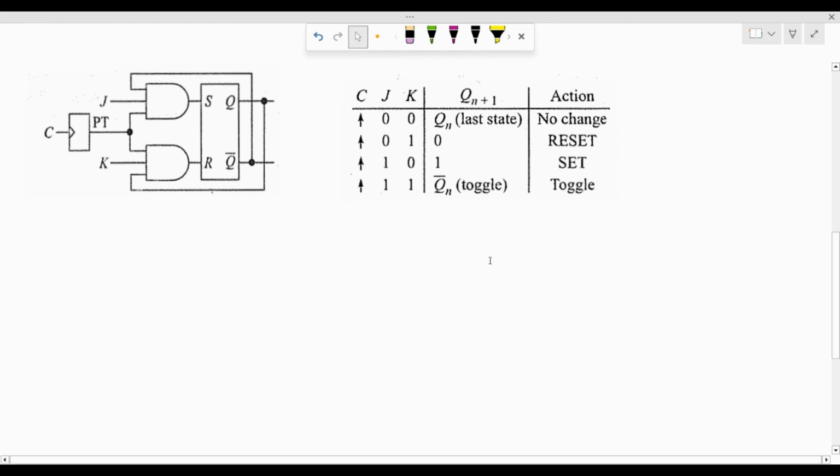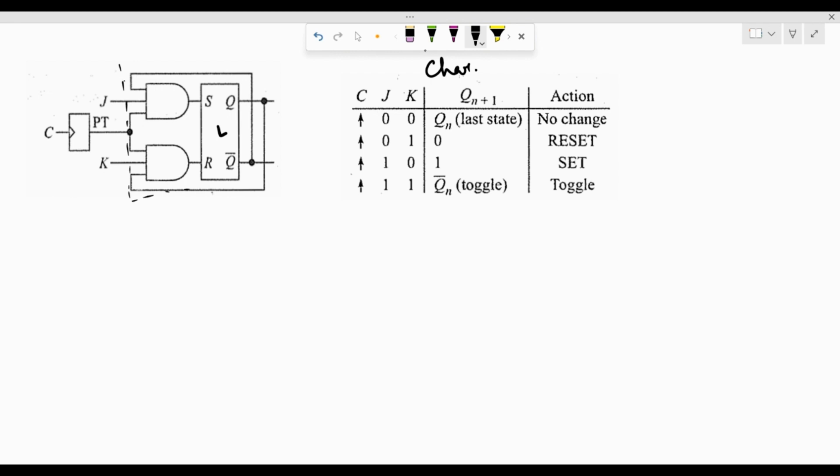Looking at the characteristic table of the JK flip-flop, we see that the issue of 1 1 of the SR flip-flop has been addressed over here, because the feedback from the SR latch goes into the AND gate along with the J input and a clock. The presence of this clock makes this a JK flip-flop.